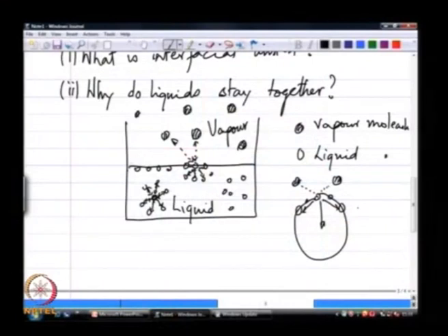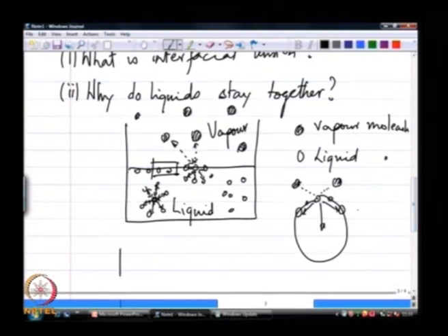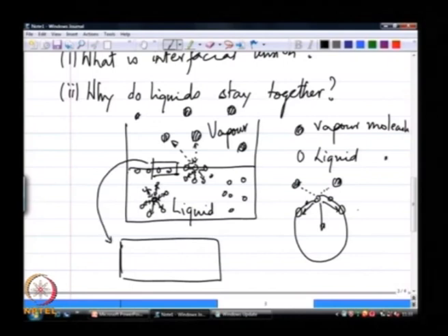Now, first of all, if I look at this sort of an interfacial region and I zoom out, let us say this is on the order of 100 nanometers.